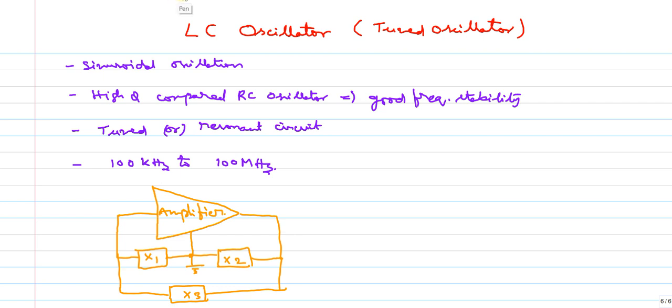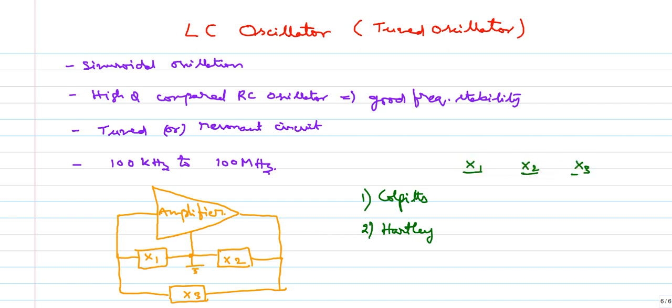Now how do we deal with it? We have two types of oscillators: one is the Colpitts oscillator and the second one is the Hartley oscillator. What are these elements X1, X2 and X3?